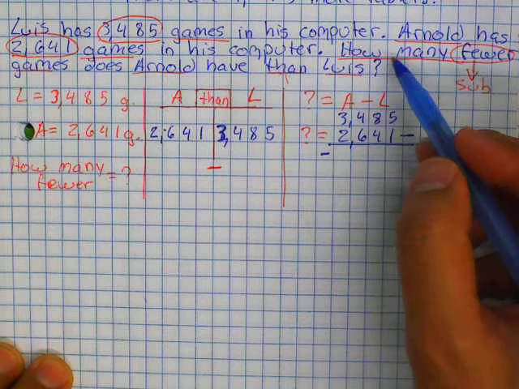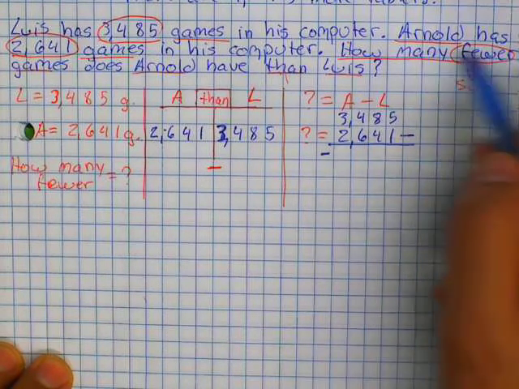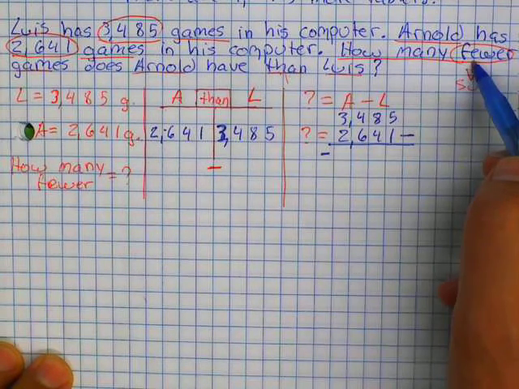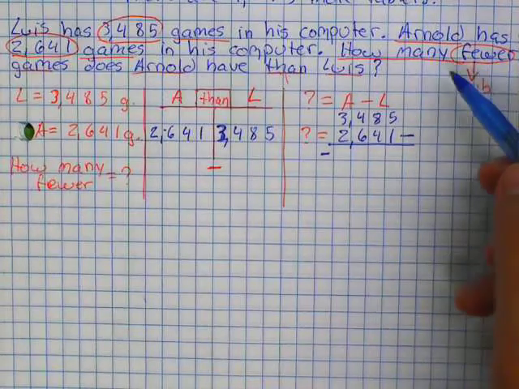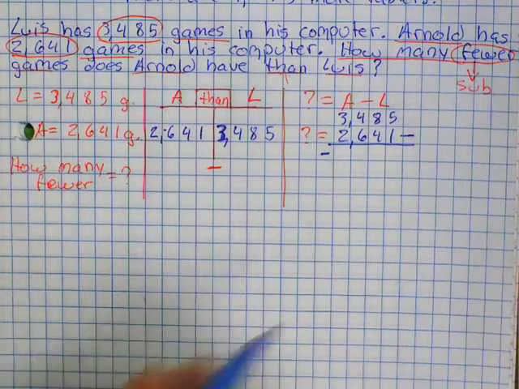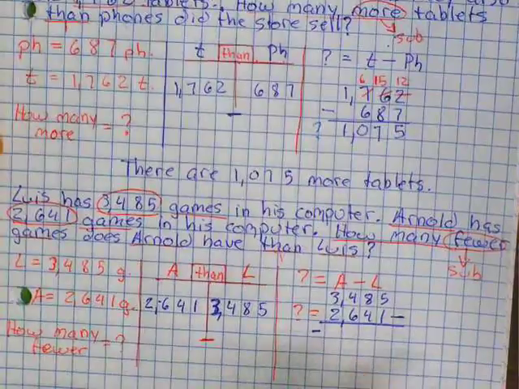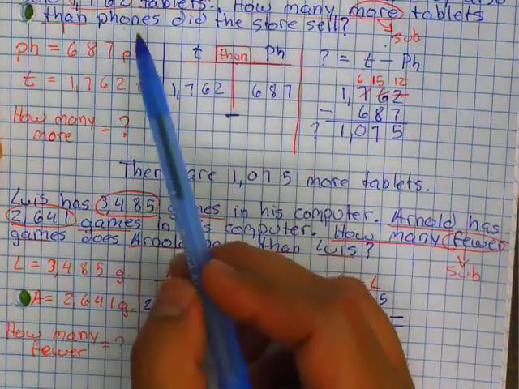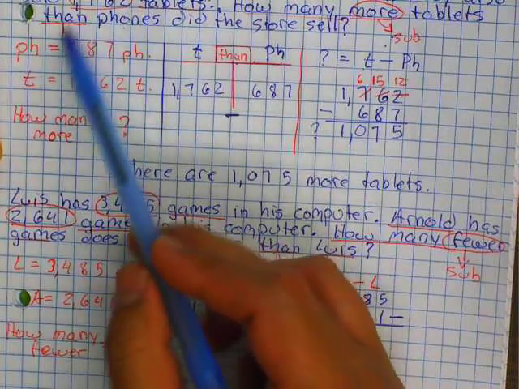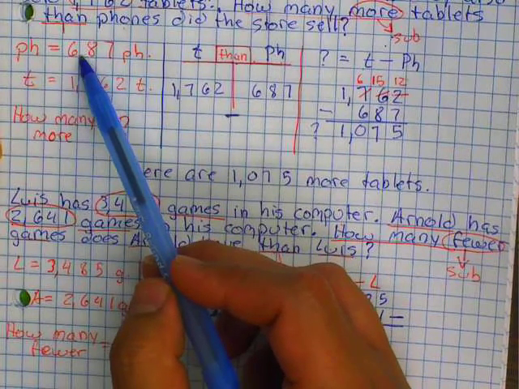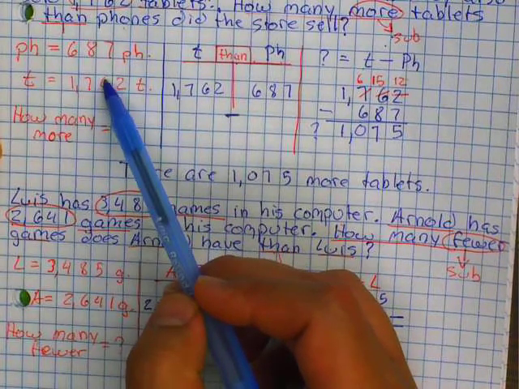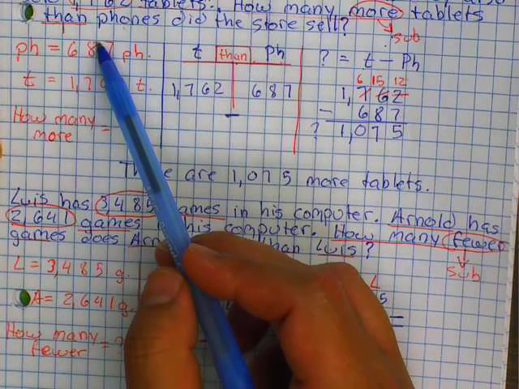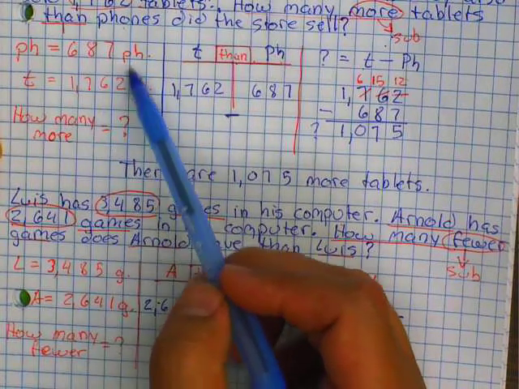Because they're asking you how many fewer, and we already said that how many fewer is to see the difference, just like in this example or like in this example. When they're asking me in this case how many more, I know that I have more here than in this one. The thing is how much more or how many more are in the tablets than in the phones. To see how many more, I'm going to find the difference.